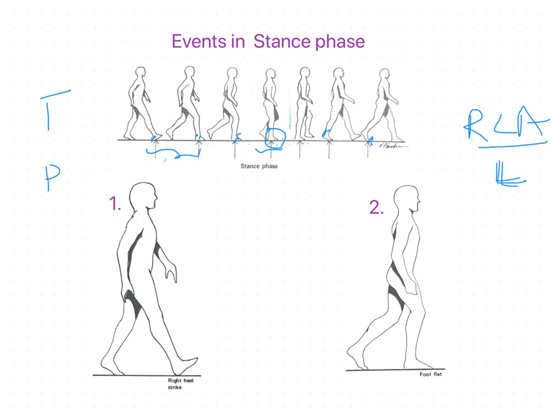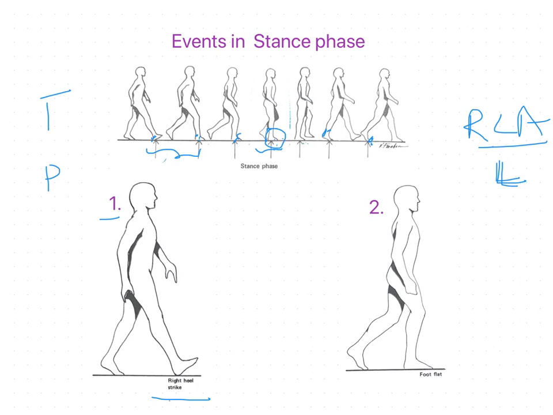Now we are going to see both terminologies simultaneously. What is the first event in the stance phase? In traditional terms, it is called heel strike.